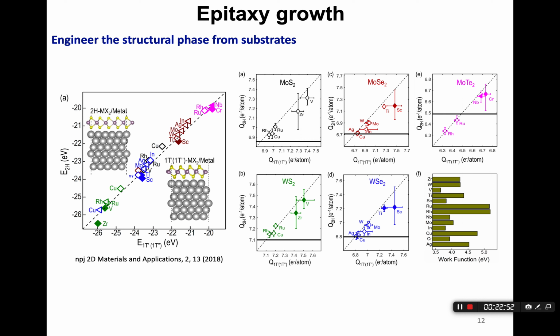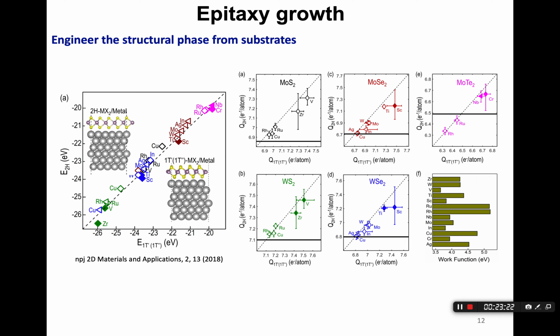If you are working with metals that prefer to donate electrons to the transition metal dichalcogenide, the phase transformation is very likely to happen because you have some sort of ionic charge transfer. The dichalcogenide gets extra charge from the interface between the metal and the transition metal dichalcogenide, and that is key for phase transitions.